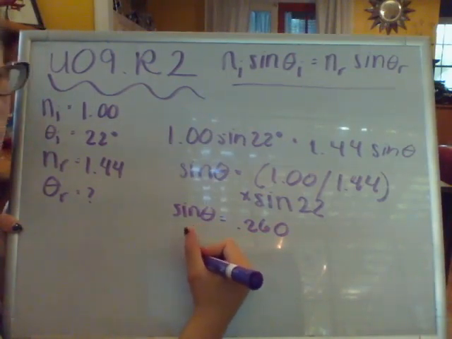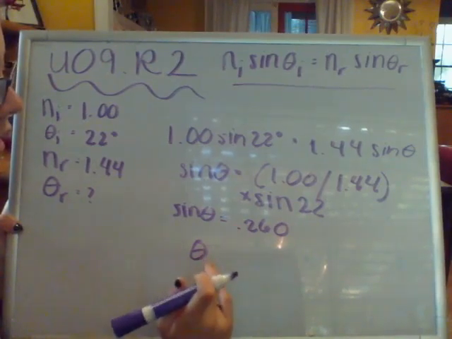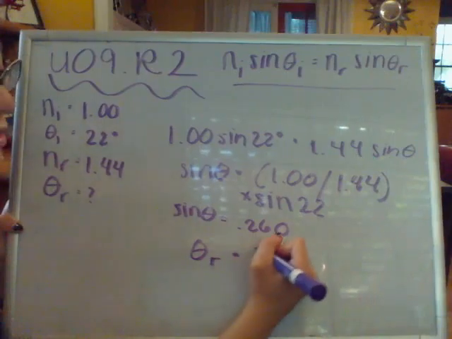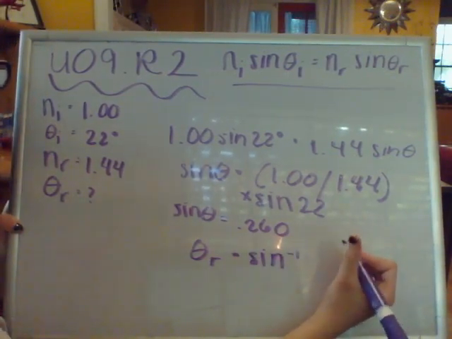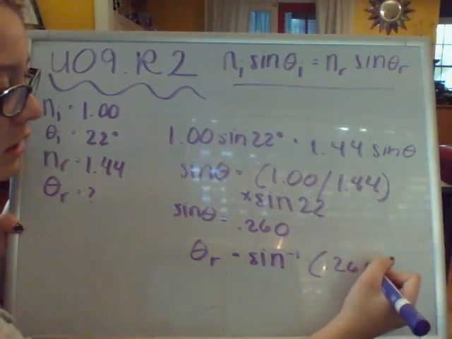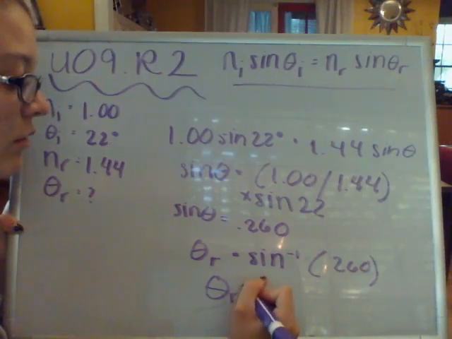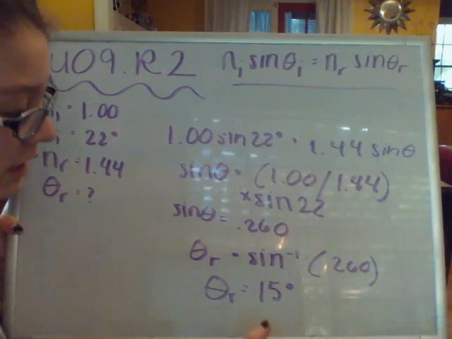So we're going to call it theta R so that we know it's the angle of refraction, is equal to the sine inverse of 0.260, and that gives us a refraction angle of 15 degrees.